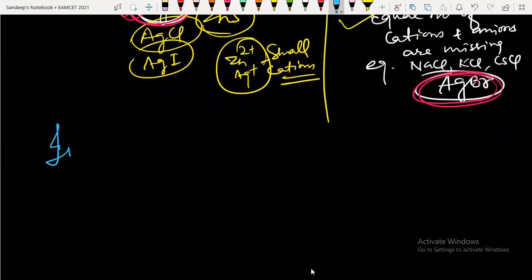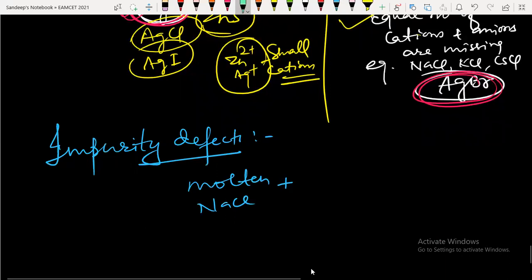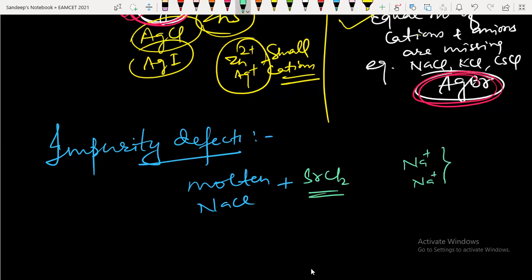Now coming to impurity defect. Suppose you have molten NaCl and you are mixing SrCl2. So what happens? Some of the Na plus ions are missing, and this is compensated by Sr2 plus.